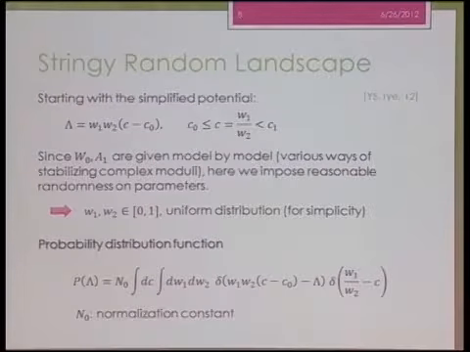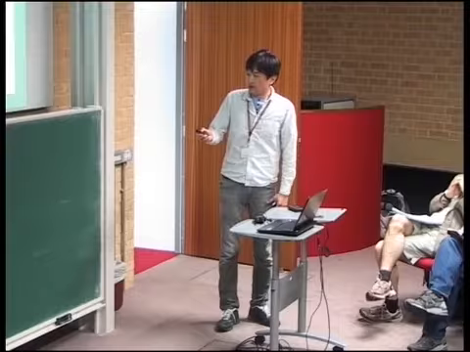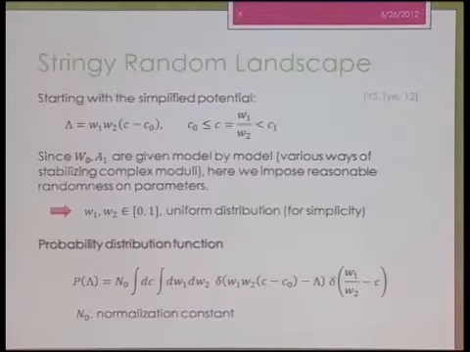So now, let me introduce the randomness of the simplified potential. Because W1 and W2 are roughly given by W0 and A1, and these W0 and A1 are given after the stabilization of the complex moduli. The stabilization of the complex moduli is given in a quite non-trivial way, so that in one way W0 is 1, while in another way W0 is 0.5 or something else.